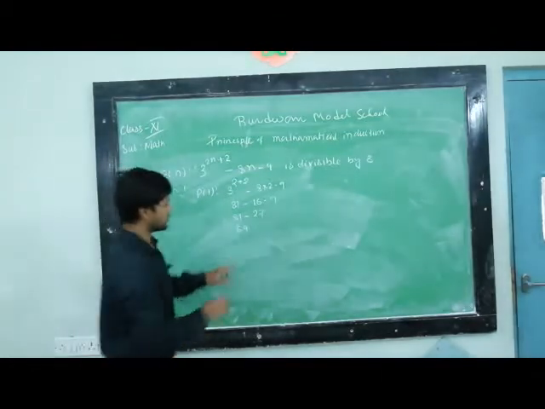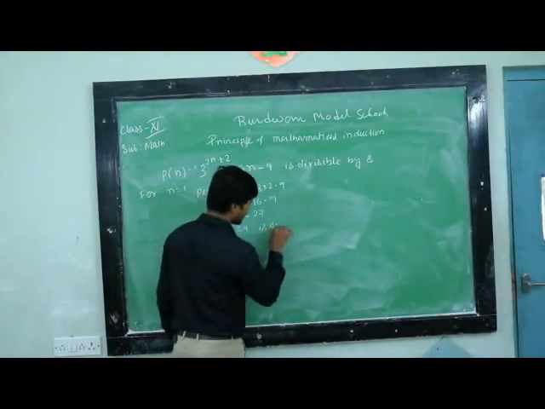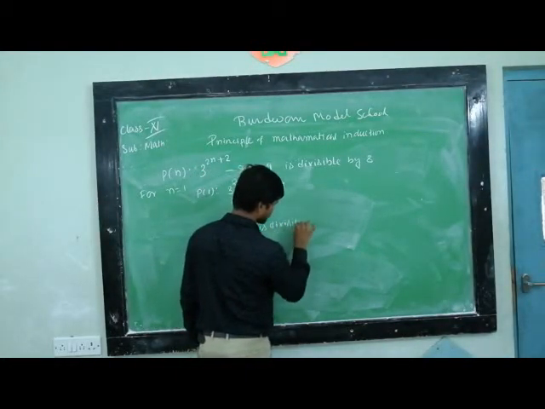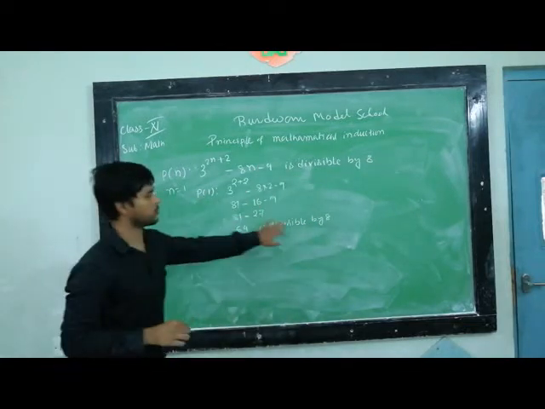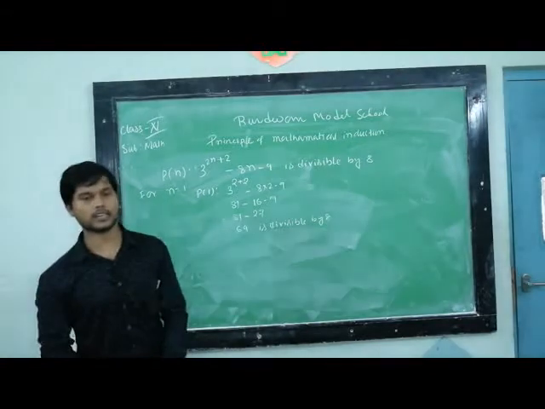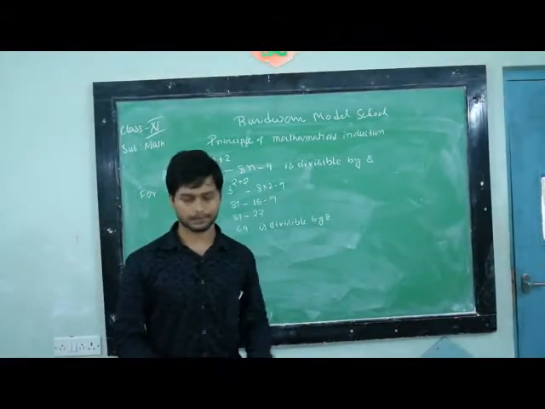And we know that 64 is divisible by 8. That means P of 1 is divisible by 8. That means the statement is true for n equal to 1.